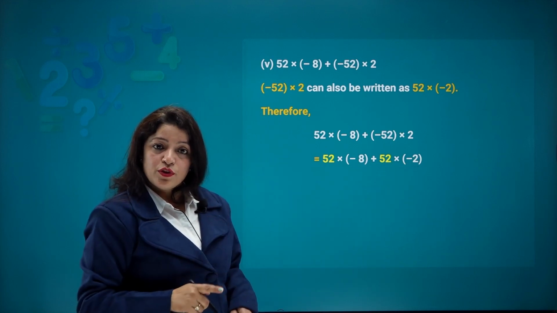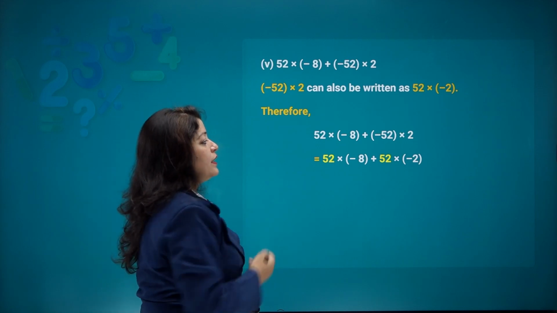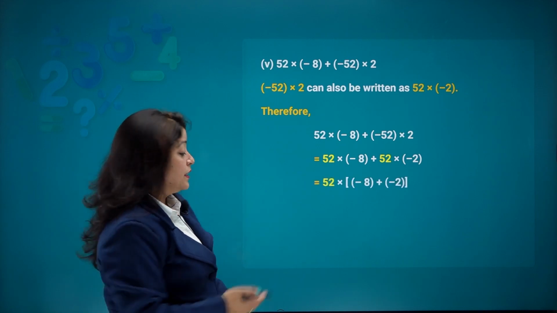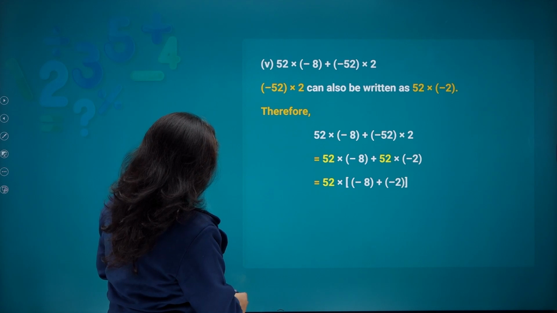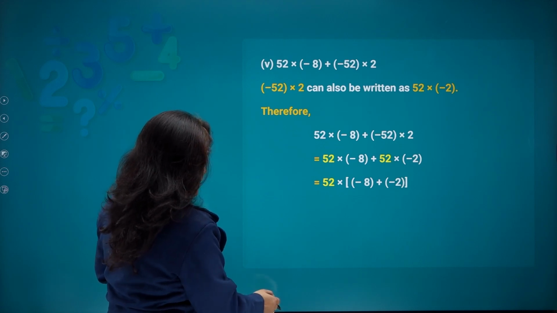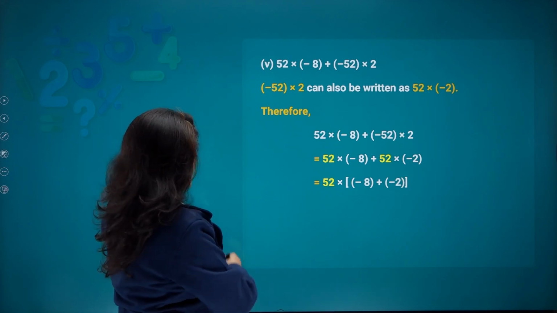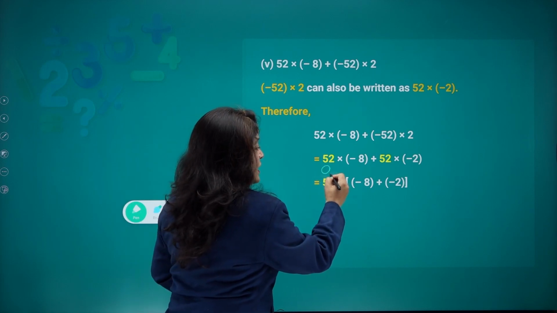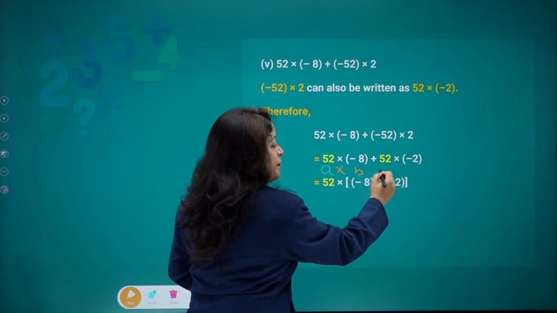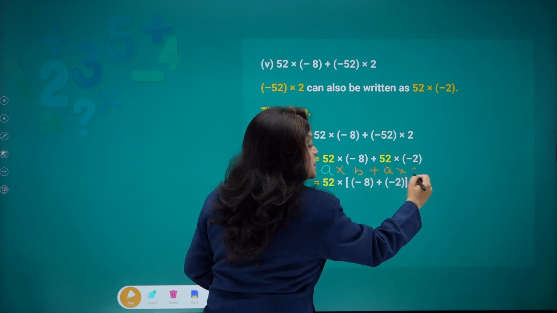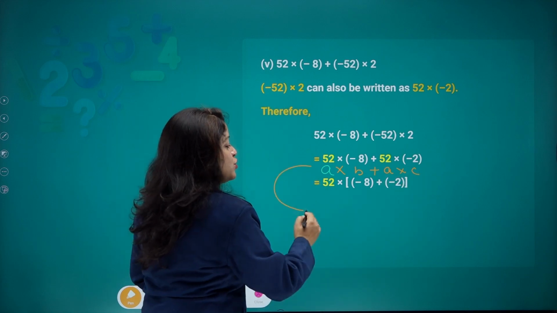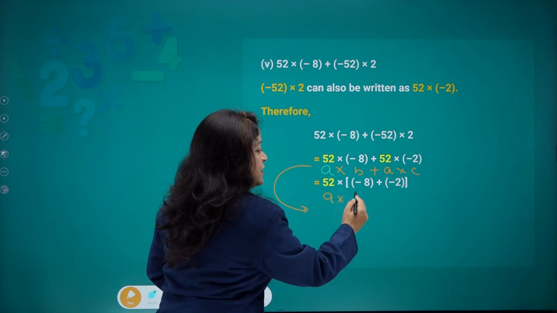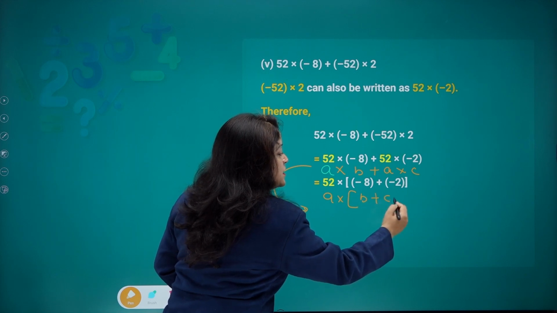We have the distributive property. So if we relate it here, then we can write it as a times b plus c in this case.